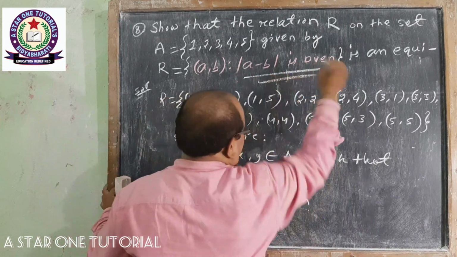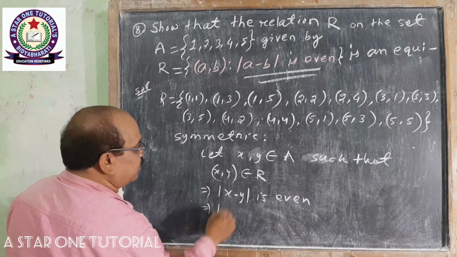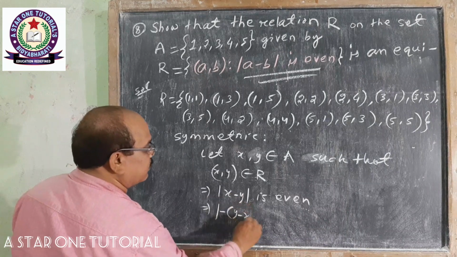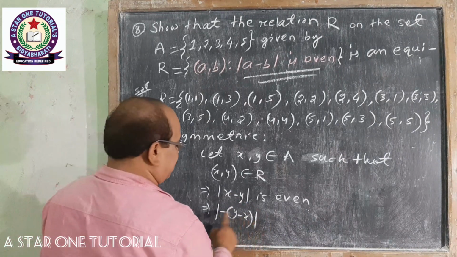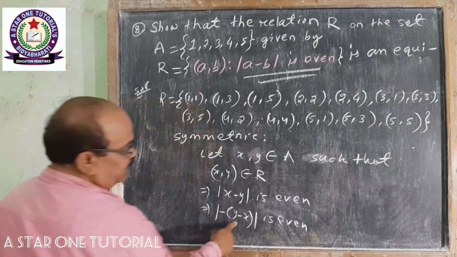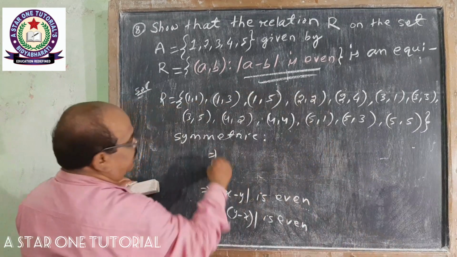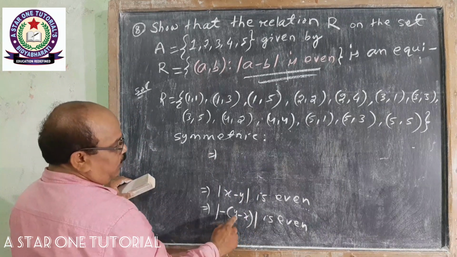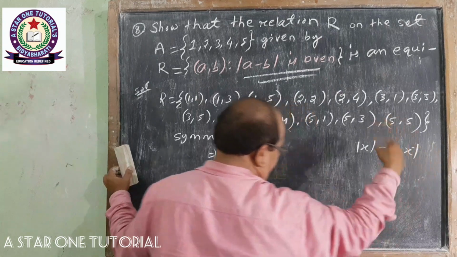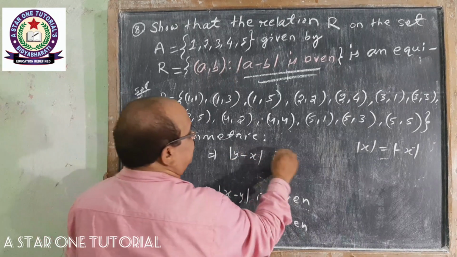Then if we take common minus here, then x minus y would be minus of y minus x. So mod of minus of y minus x is even. This one is same as this one. That implies, you know that mod of x is equal to mod of minus x. Similar is the case here. That means we can write mod of y minus x is even.